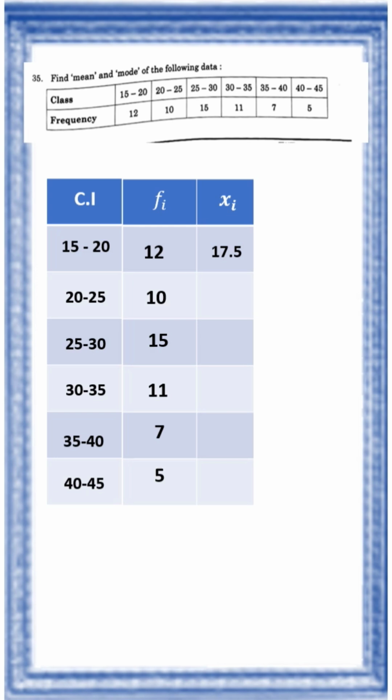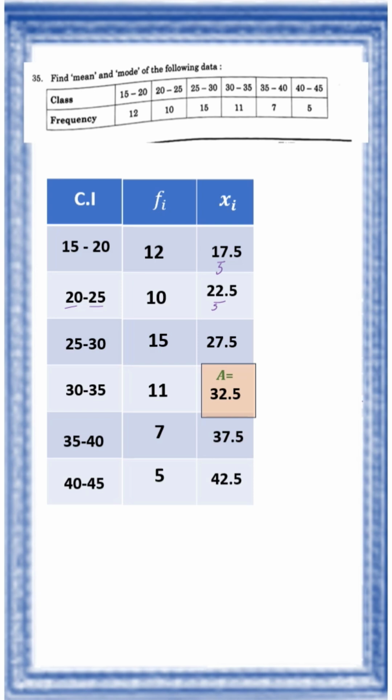You can find the midpoints of other class intervals either by adding lower and upper class limits divided by 2, or you can go on adding the size of the class interval, that is 5 here. Let me add 5: 22.5, plus 5, 27.5, plus 5, 32.5, plus 5, 37.5, plus 5, 42.5.